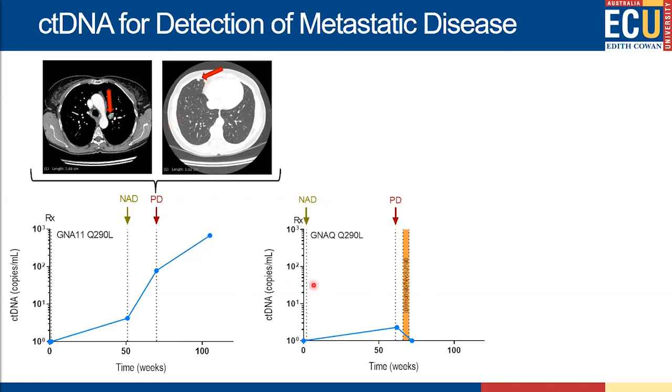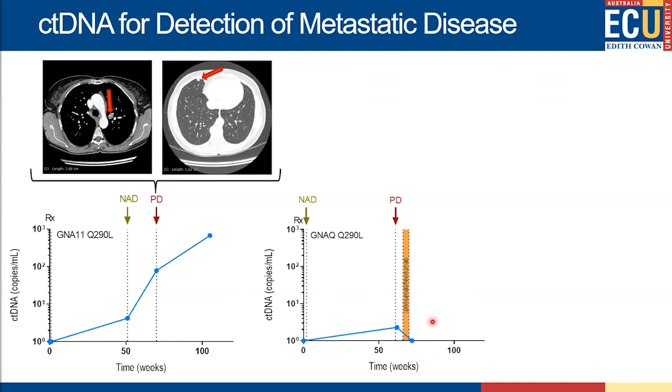In this patient, again, this is another patient with detection of circulating tumor DNA consistent with progressive disease. Again, we didn't have samples prior to the development of metastasis, but we know that once it was treated with a combination of ipilimumab and nivolumab, the circulating tumor DNA reduced rapidly.